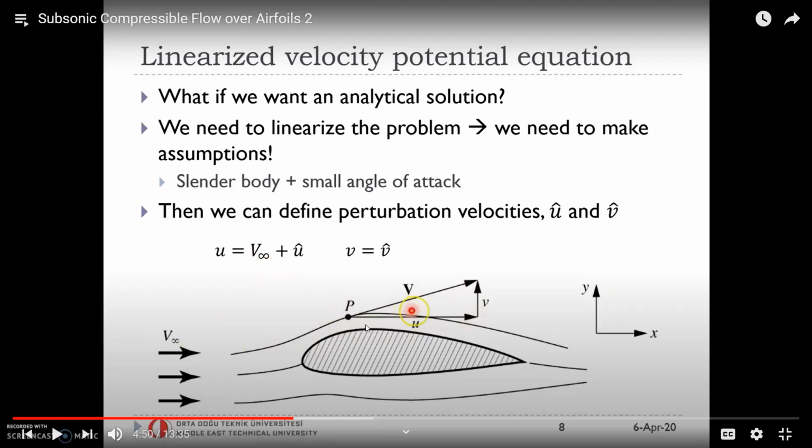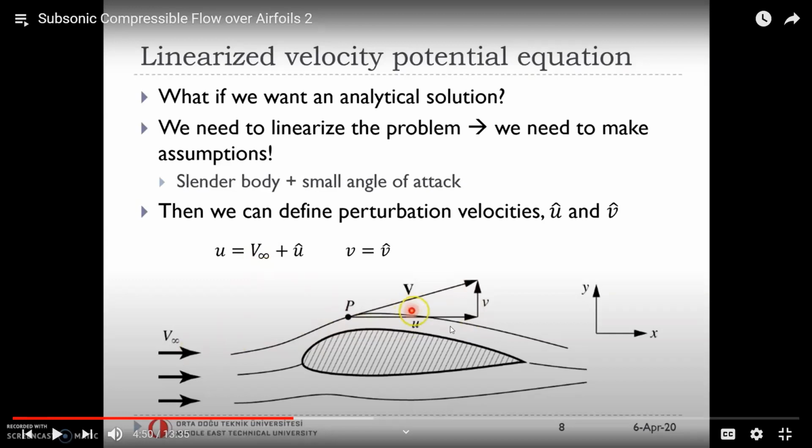For example, when the streamline is near or over the body, the velocity along x will not be equal to V infinity anymore. I don't know what it is going to be, but it's going to be different than V infinity. So it's going to be either V infinity plus something or V infinity minus something. Regarding the y component of velocity, initially it was zero, but when the streamline is passing close to the body, the y component of velocity may not be zero. It is also going to be disturbed.